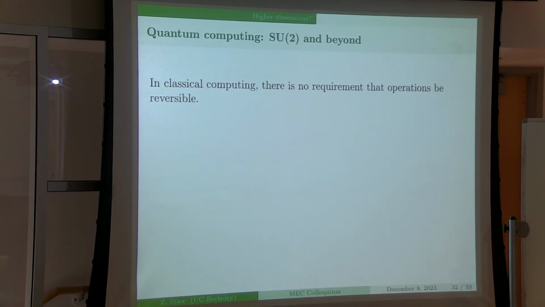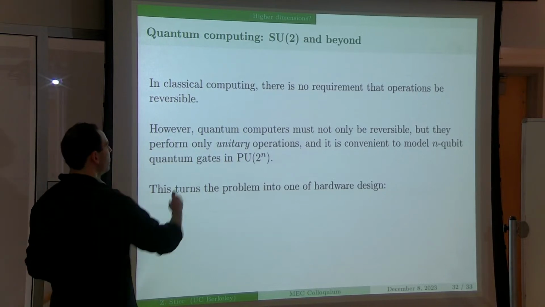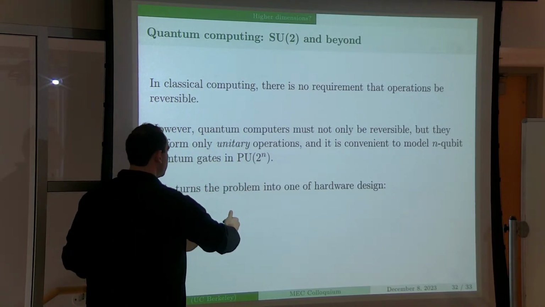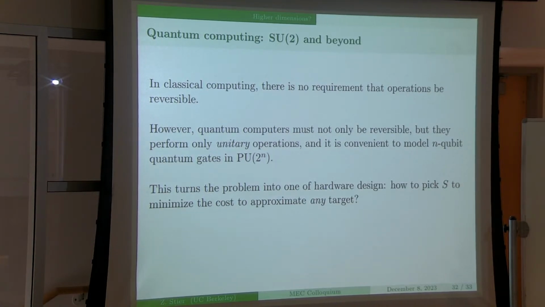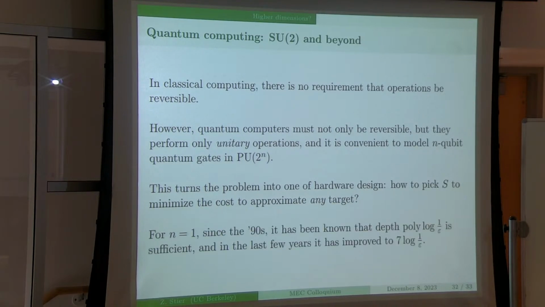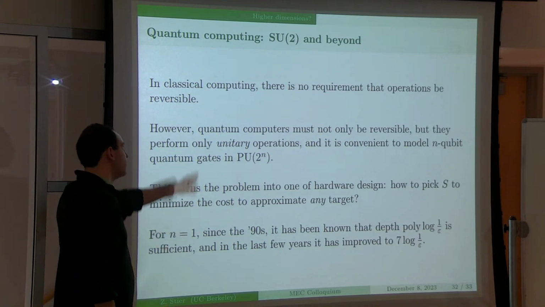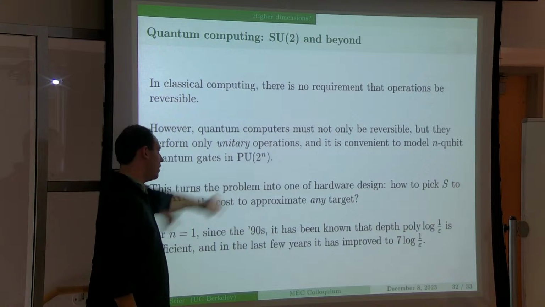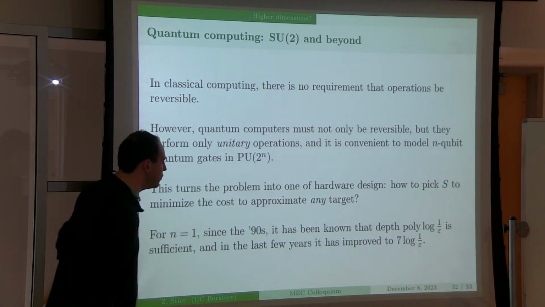But we can actually relate to quantum computers as a motivation and say, okay, we've got n qubits, and we turn to a hardware design problem. For a target gate, how far out do we need to go? And for n equals 1, so for 2 to the n, this is a solid Kitaev theorem, which is a classic result of quantum computing.